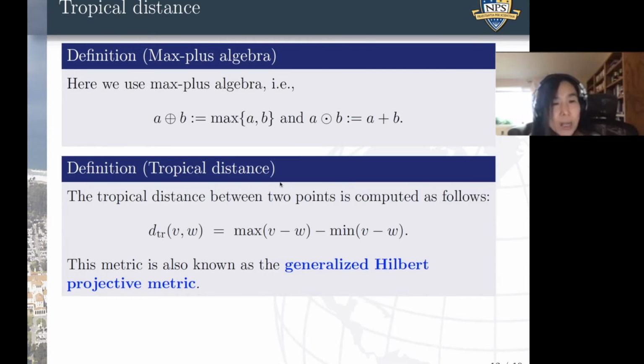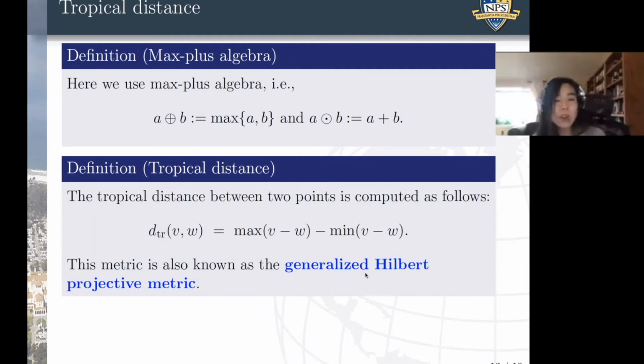And also the tropical distance. In order to do any statistical learning over the space, we have to define a distance measure, a distance metric. And here we use what is called the tropical metric or tropical distance. So suppose we have two ultrametrics, v and w, and the tropical distance is defined as the max of the difference minus the min of the difference.